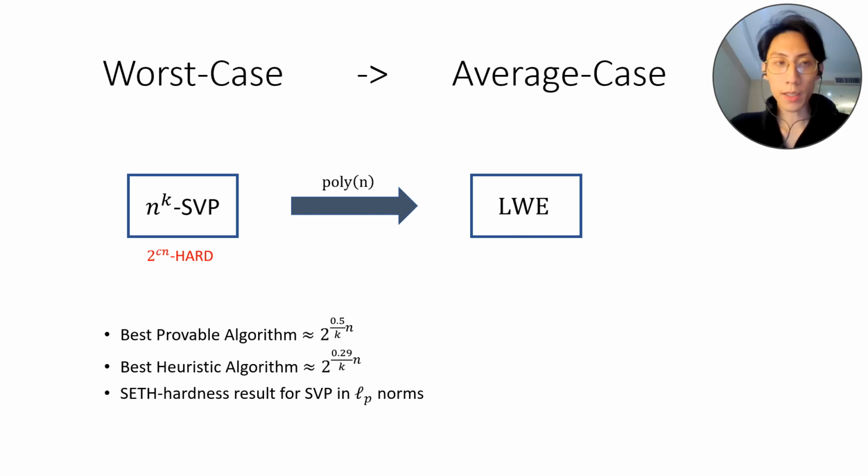And with this evidence, we are happy to assume that polynomial approximate SVP is 2^(cn) time hard. And once we assume this, we can actually afford to run more time in the reduction from polynomial approximate SVP to learning with errors.